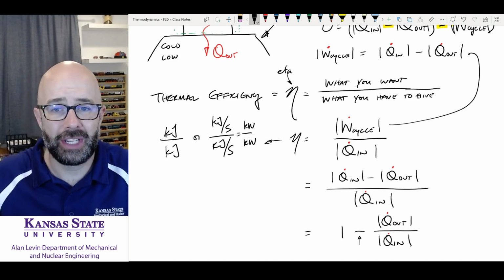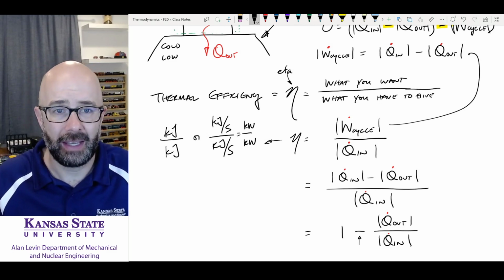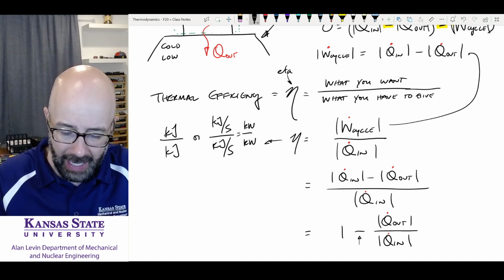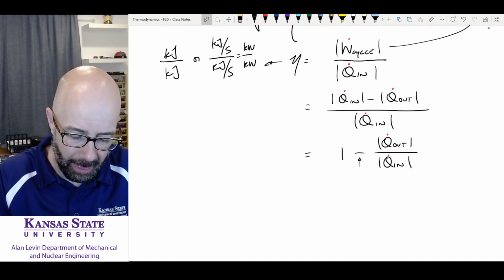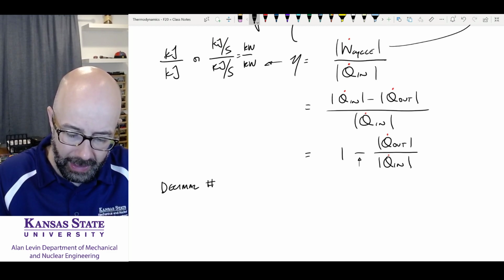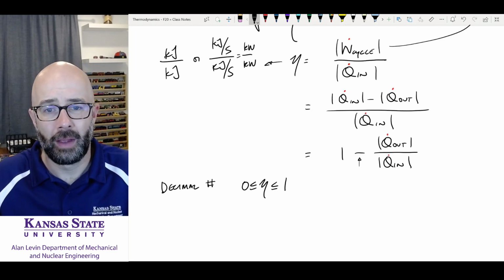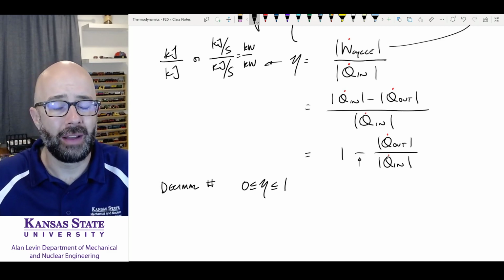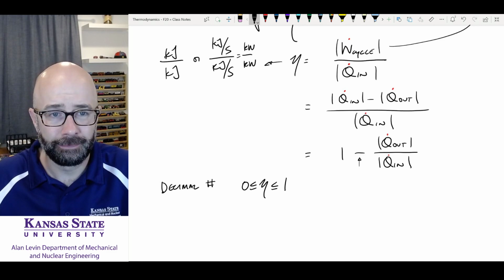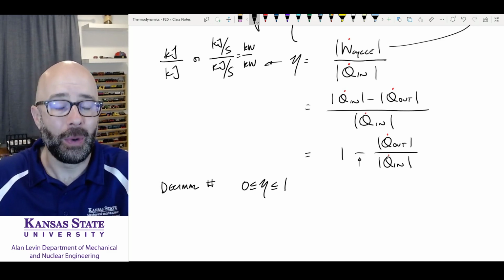What you need to understand with this equation is that efficiency is going to be a decimal number between 0 and 1. We can never have our efficiency be greater than 1. You can never get more out than what you put in.